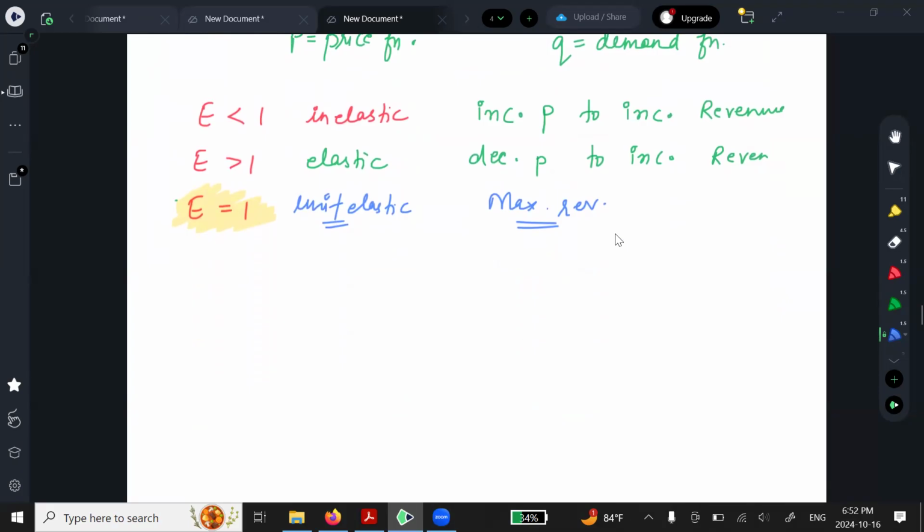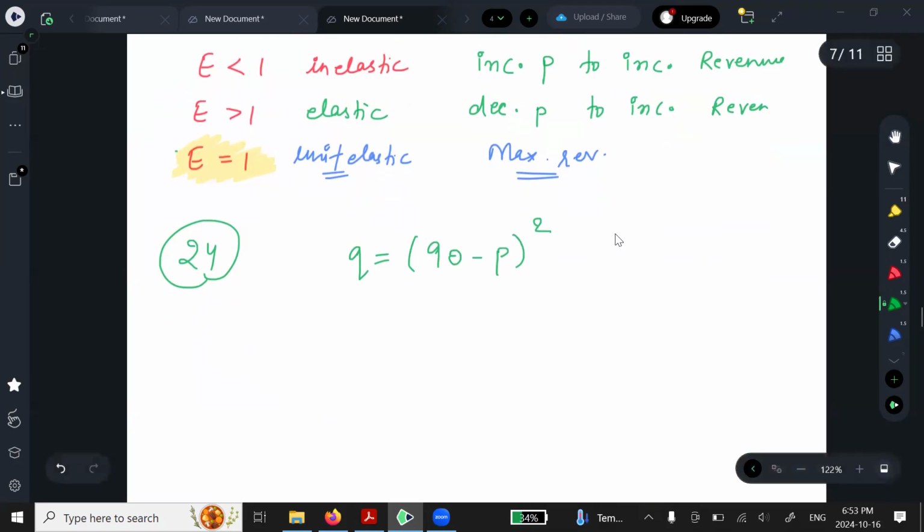So you're given the demand function. Q is equal to 90 minus P squared. Find the price elasticity of the demand function in terms of the price.